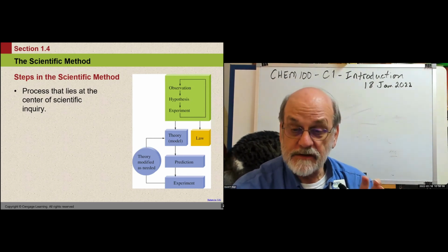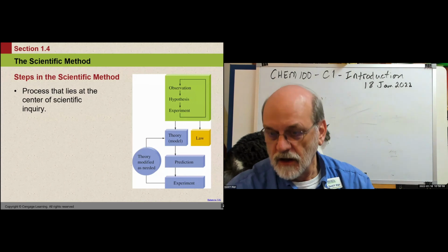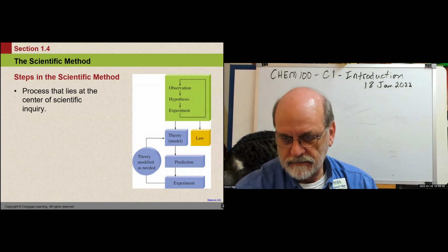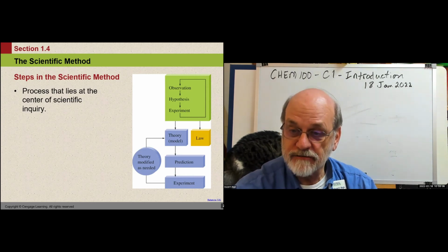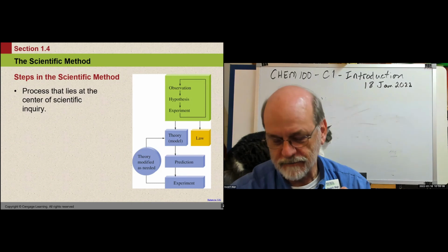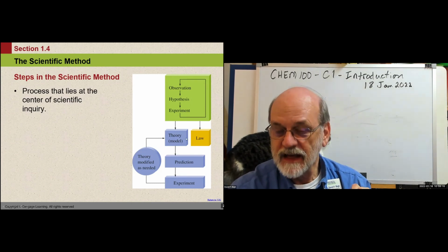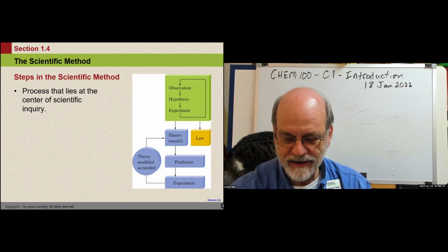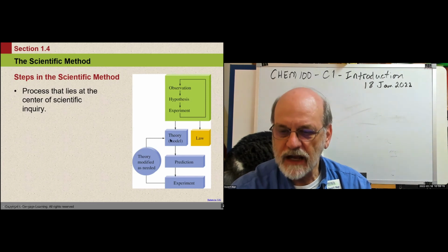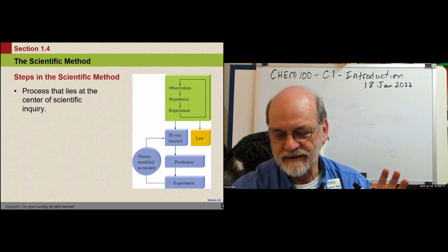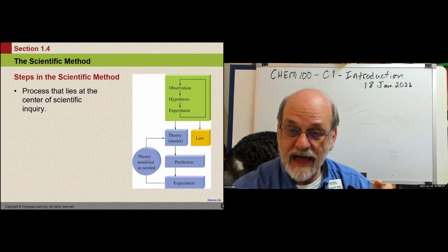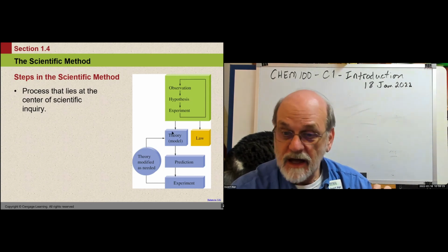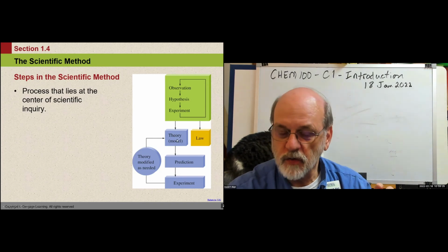Usually what happens is, over time, laws accumulate. And eventually someone proposes an explanation for why those laws work. In that case, they are proposing a theory. A theory always includes a why. Why does it happen? And very often, the theory will include what we call a model.